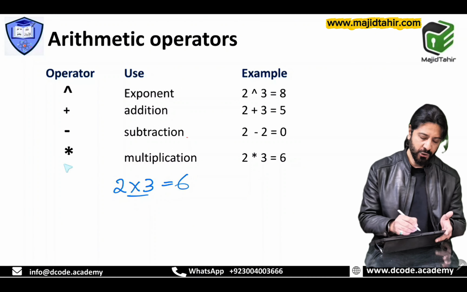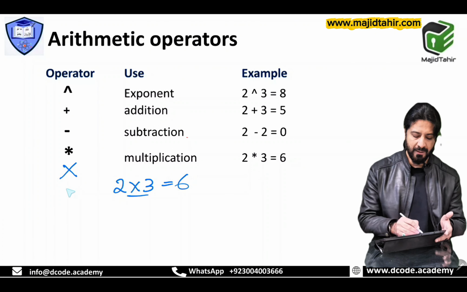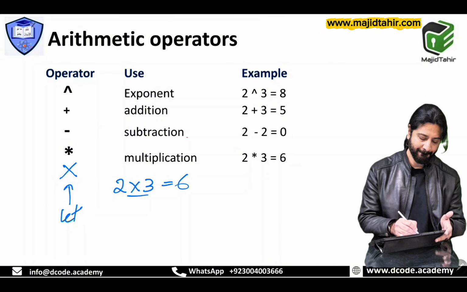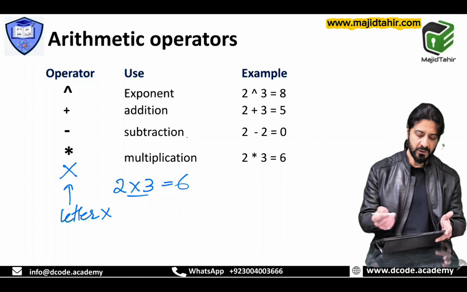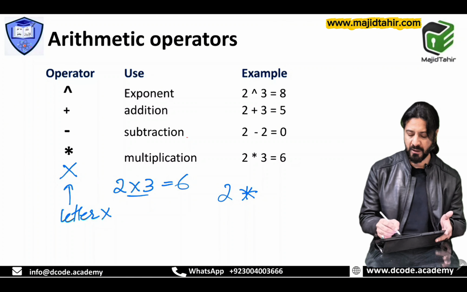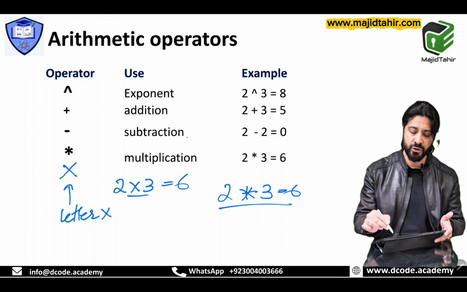So in maths we use multiplication with a cross, but we do not use this for multiplication in computer science, because this is used for the letter X in computers. So we use the asterisk instead. So 2 multiplied by 3 is written with the asterisk, 2 * 3 is equal to 6. So the asterisk is used for multiplication.